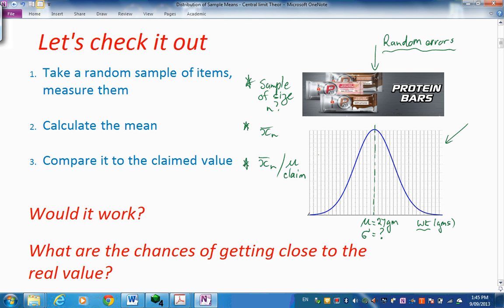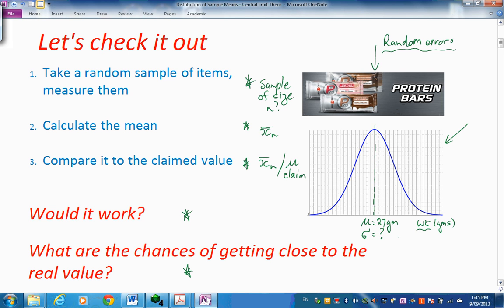This seems to be a worthwhile activity, because we do want to know whether people are producing what they say they are. Now, I want you to brainstorm, maybe with your classmates. Would that work, getting a number of bars and finding their mean? And how close would we get to the actual mean of the weights of all these bars?